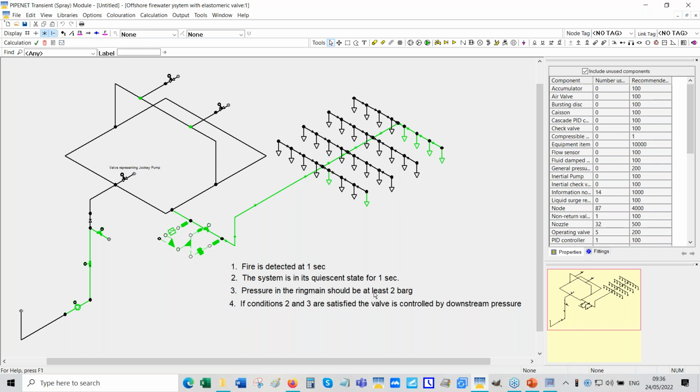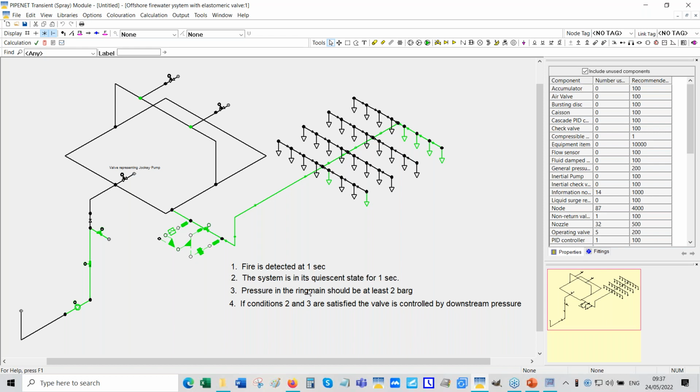These are assumptions we made. You may say this elastomeric valve will start to open if the upstream pressure was 1 bar or even 0 bar. It's entirely up to you. It's an assumption I'm making that this elastomeric sleeve needs 2 bar upstream to open, otherwise it will remain closed.